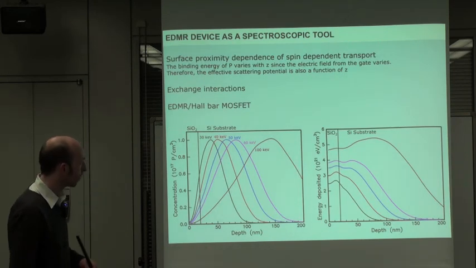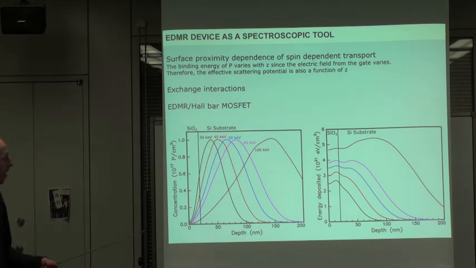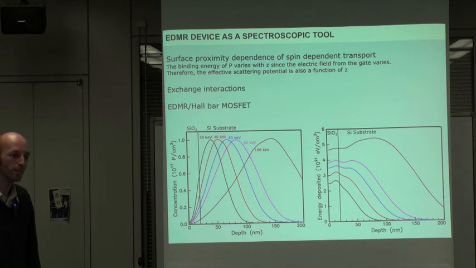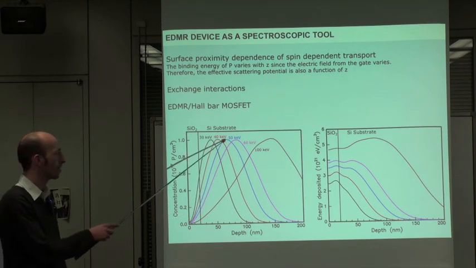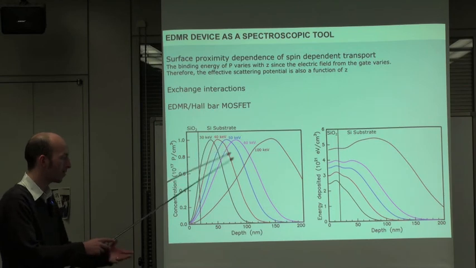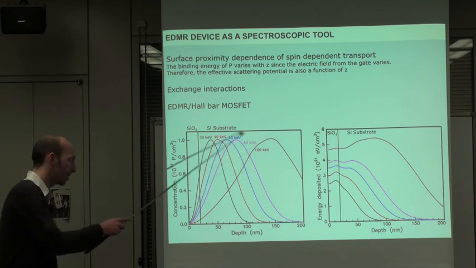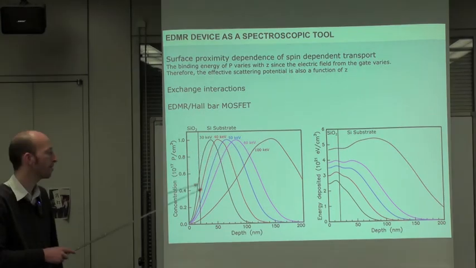So one of the next experiments that we're going to do with the ADMR device is use it as a spectroscopic tool to look at how the phosphorus ADMR changes with the distance from the surface.